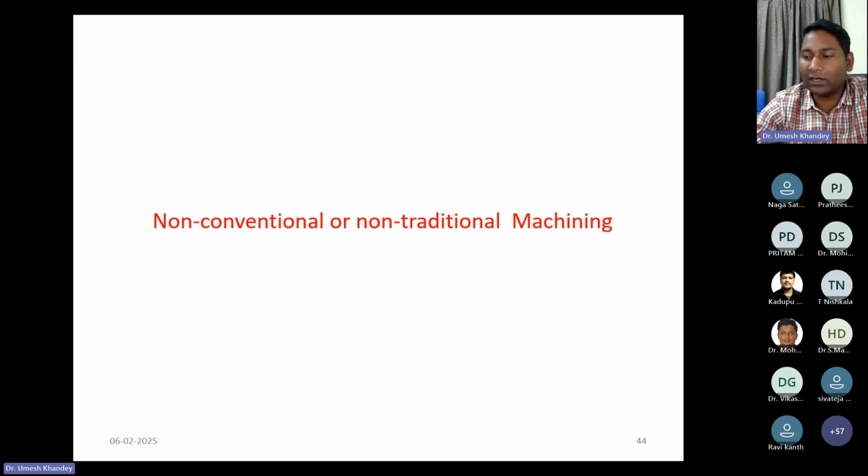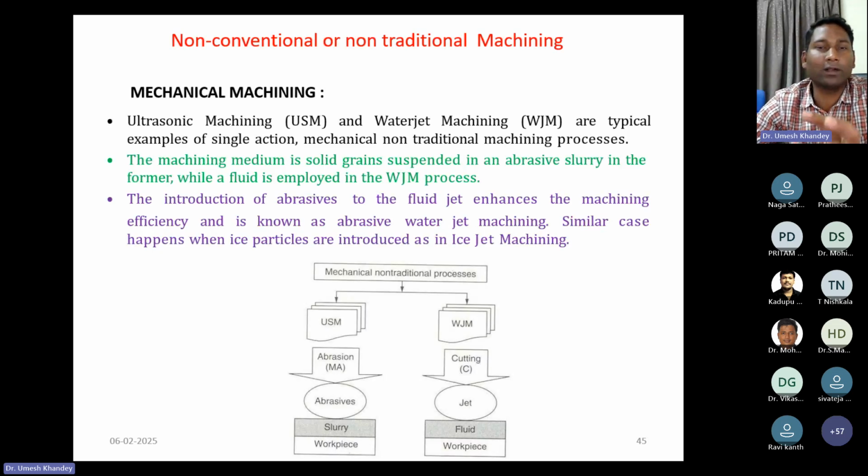So non-conventional, or non-traditional, machining, let's have a glimpse or brief about this also. First one you can categorize as mechanical machining. Mechanical machining means, first, let's consider ultrasonic machining and water jet machining. Here, the solid grains suspended in abrasive slurry are going to erode the material from the workpieces.